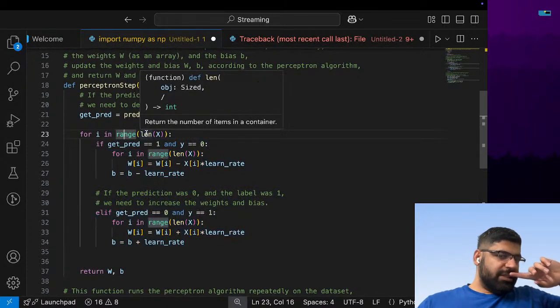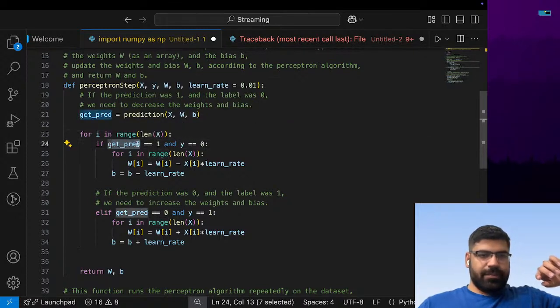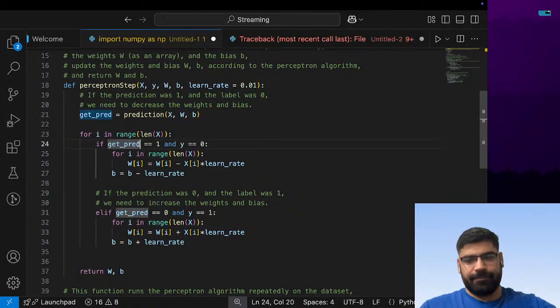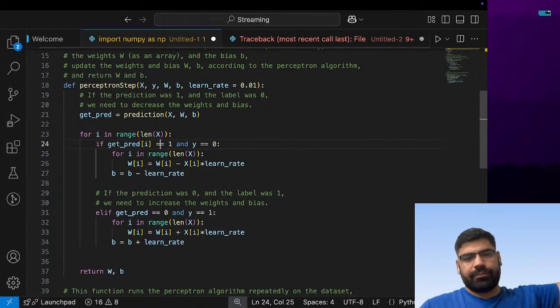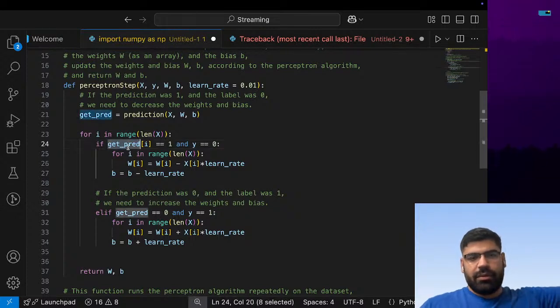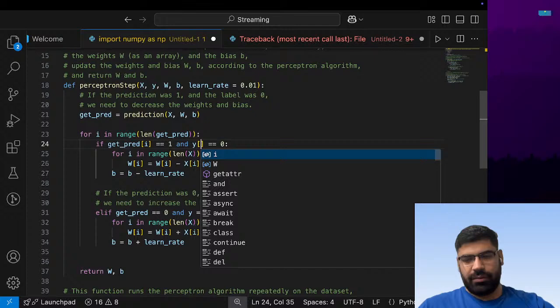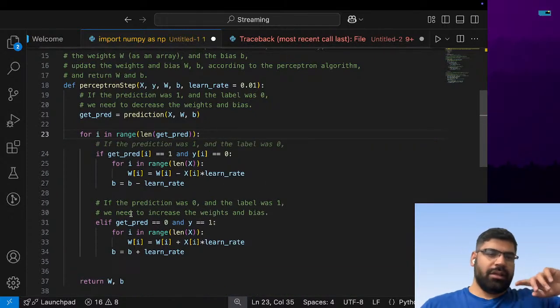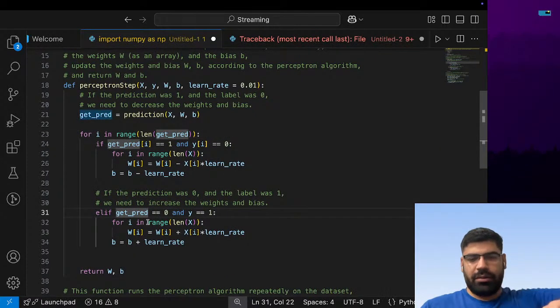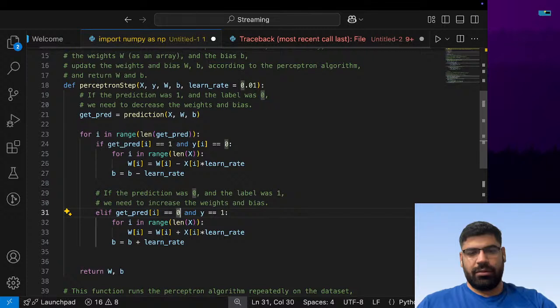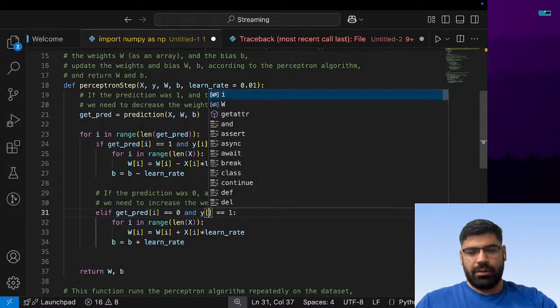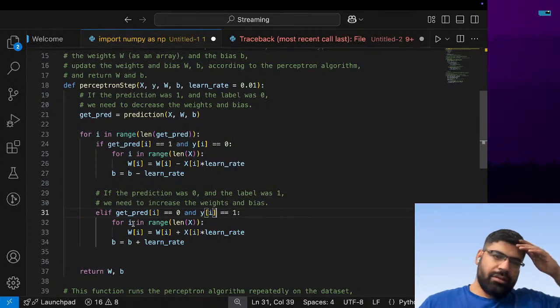for i in range of this array, get prediction i, even i I can do, and this will be w i, and this will be i as well.